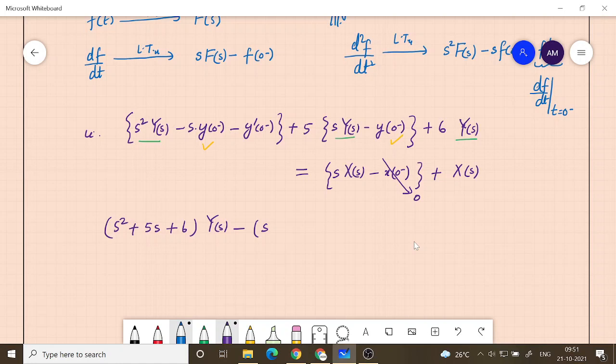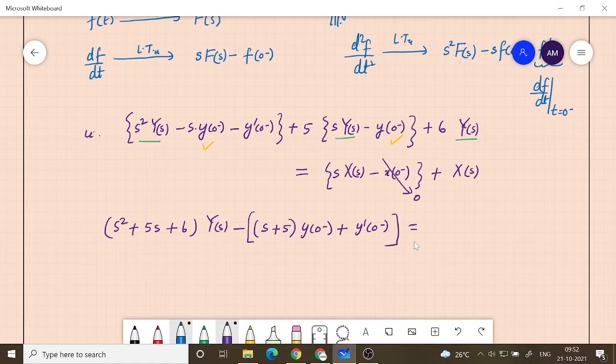If I take the minus sign outside, it will be plus 5, into y of 0 minus. Other than that, there is only one term left out, and that is the y dash term. So let me put a bracket like this, and then plus y dash of 0 minus. These are all the left side terms. I have collected all of them and arranged them.